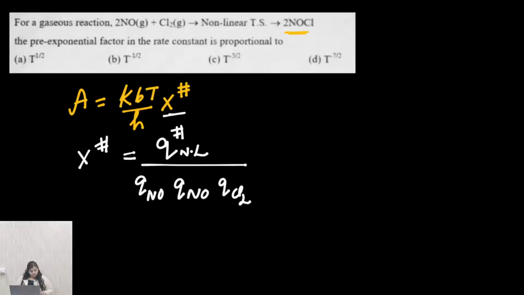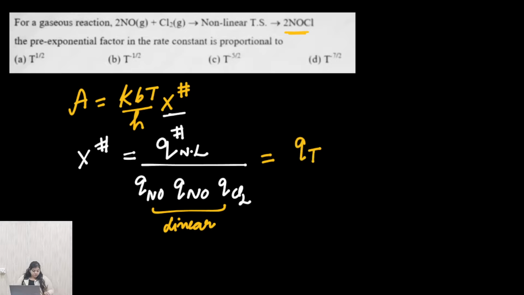Now all of these three that we are having, which is NO, NO and Cl2, are linear molecules, right? So for the partition function of this non-linear molecule, the translational and rotational factors will be included.